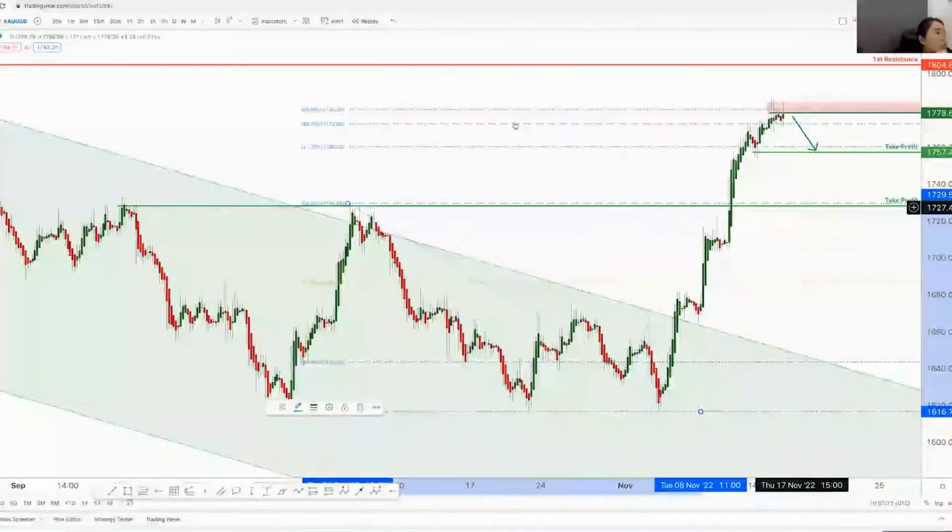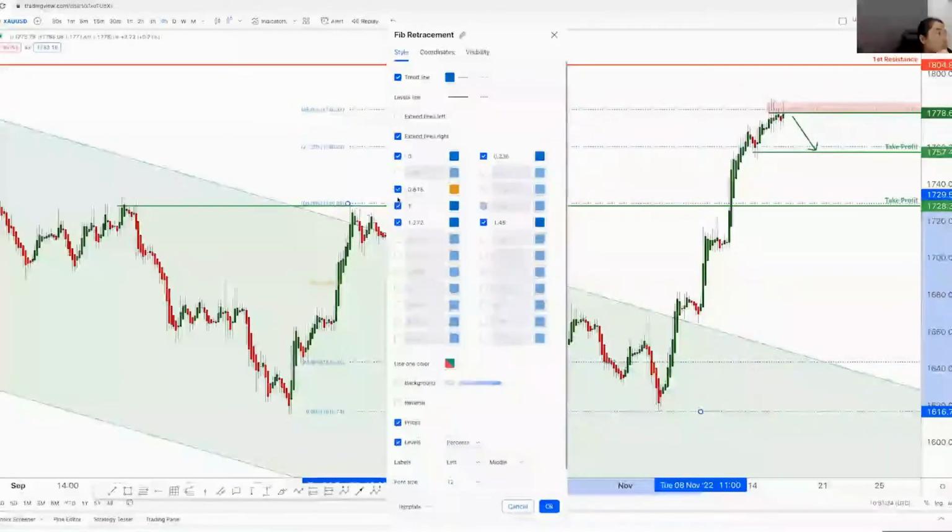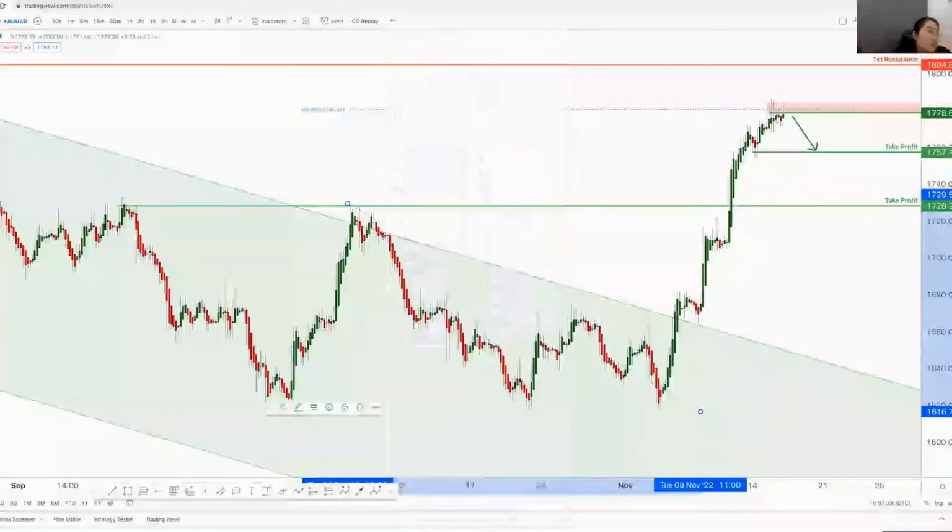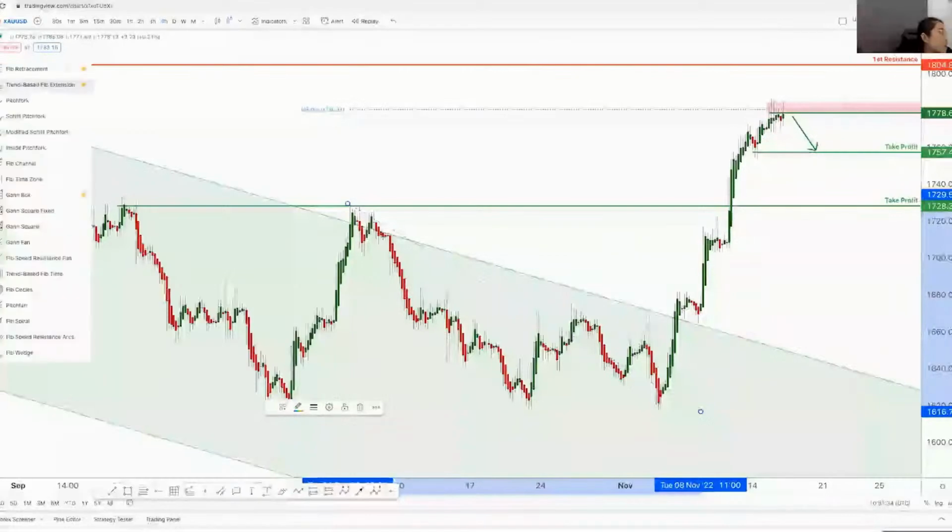Okay, so the 1.45 fits nicely there. Although 1.45 is not a level that price usually reverses on, it is still a level to consider. Let me see what else I can combine there.